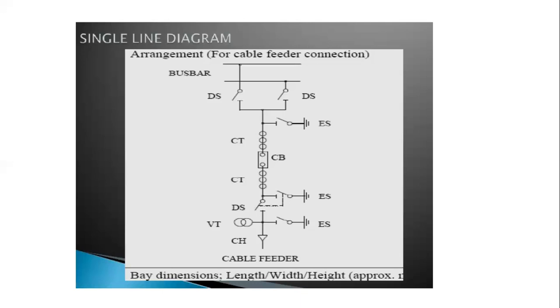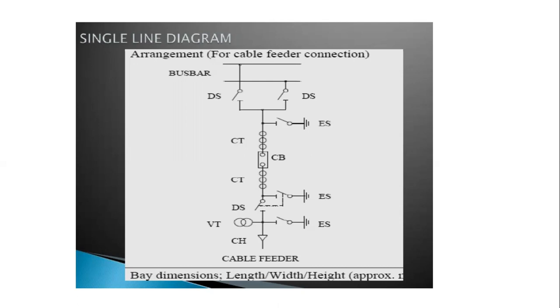Identification of faults is somewhat difficult in the indoor substation. That's why we are using SF6 gas instead of air as a dielectric medium, and all the equipments are immersed in that SF6 gas only. Suppose a fault occurs in any one of the transformers or the generators, then that fault will be automatically rectified by the arc interruption method.